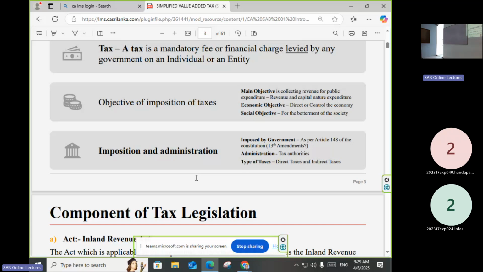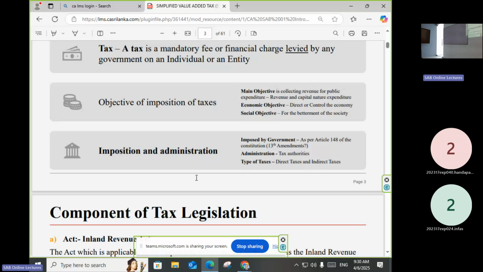In some areas, for example where a particular province has a mineral resource, they can impose taxes on that. On some production, like firecrackers and so on, they are imposing a separate tax. On food production, they are imposing tax. That is as per the provincial council statute. They have a separate law. Right.